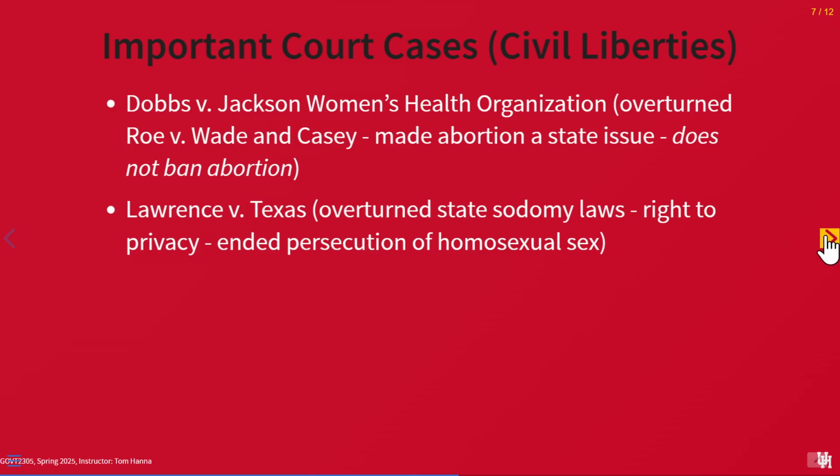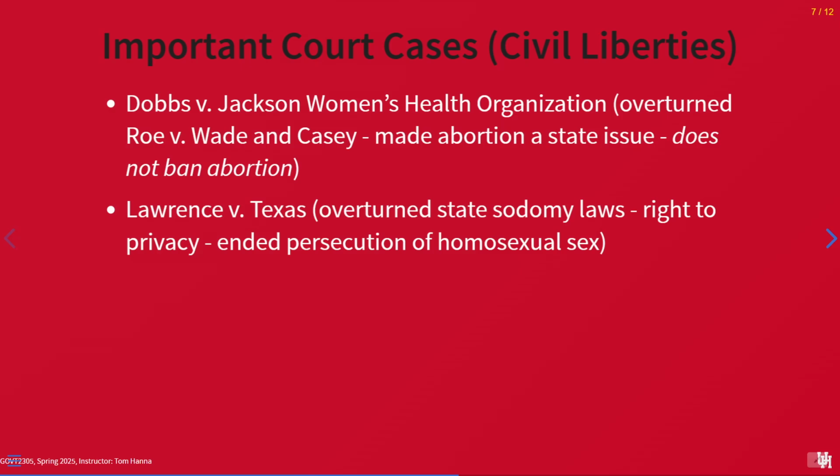Then, however, Dobbs versus Jackson Women's Health Organization overturned both Roe and Casey and all of the other abortion laws from 1973 that had relied on them, made abortion a state issue, did not ban abortion nationwide. There is no nationwide abortion ban. The U.S. has laws on abortion that range from on demand abortion during all 9 months to no abortion except in the case of the life of the mother.